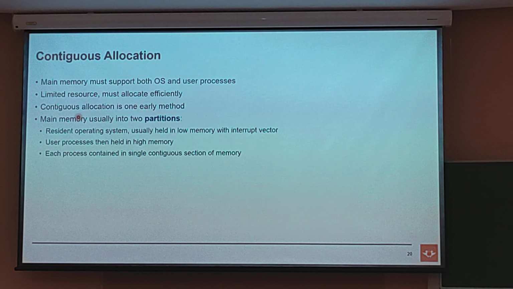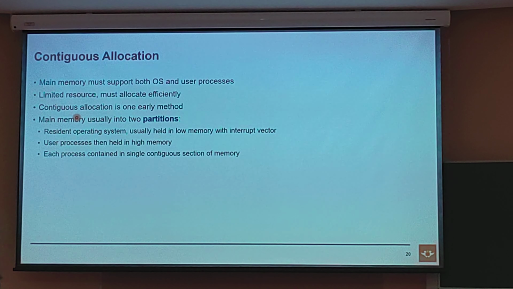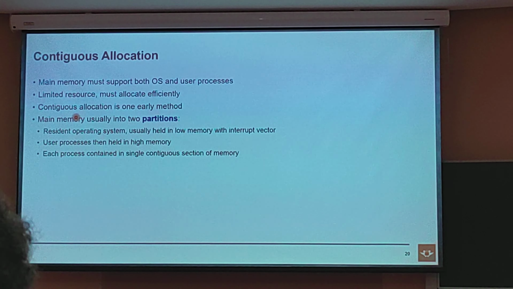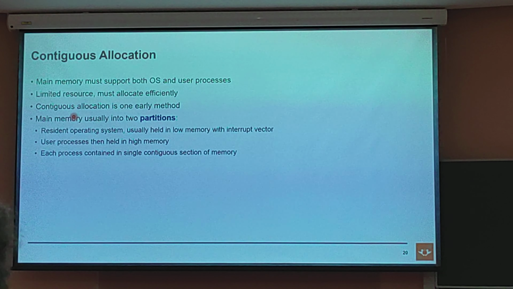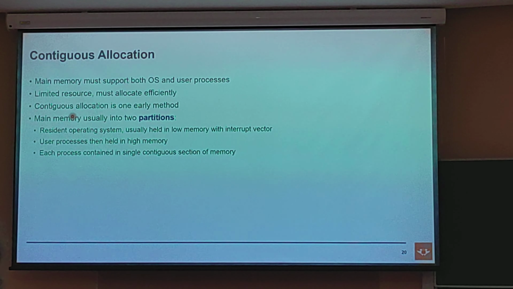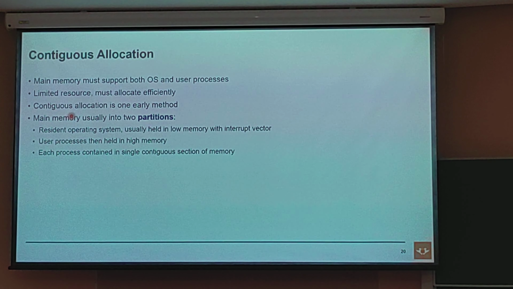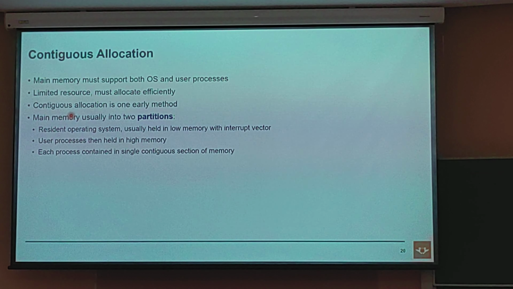Right, so this brings us to an implementation of how memory was managed in one of the earlier types of operating systems. The principle was that your memory must contain at least the operating system, but also your application.